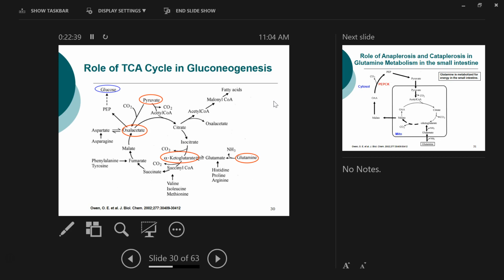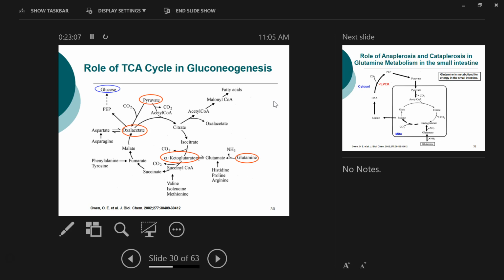So this seems kind of simple conceptually, and then let's talk about the role of the TCA cycle in gluconeogenesis, as I just mentioned. Gluconeogenesis in the kidney usually involves the TCA cycle because the kidney uses amino acids as precursors for gluconeogenesis. Here is one example, with glutamate as the precursor.